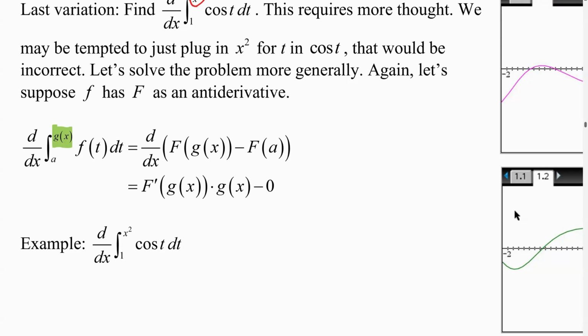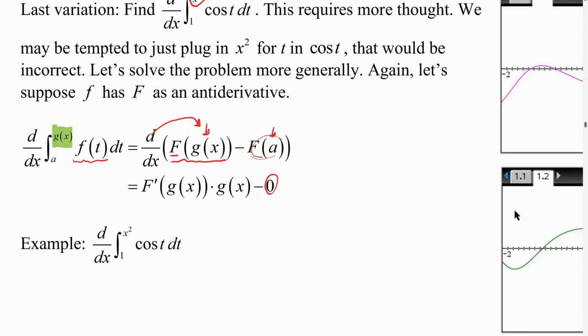So before we take the derivative of this, we take the antiderivative of little f, and we get big F. We evaluate big F at the upper bound and at the lower bound, and then we take the derivative of this whole expression. Well, the derivative of big F of a is just 0 because big F of a is a constant. The derivative of the other term requires that we use the chain rule.